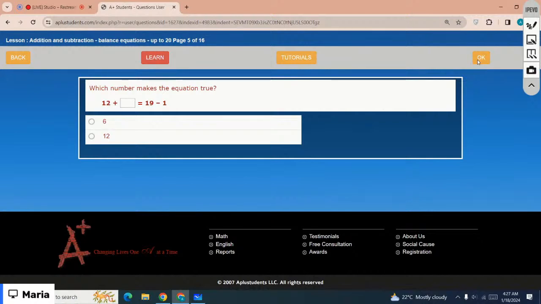You have 19 minus 1 equals 12 plus the missing number. So 19 minus 1 equals 18, right? That means on the other side you need to make 18.